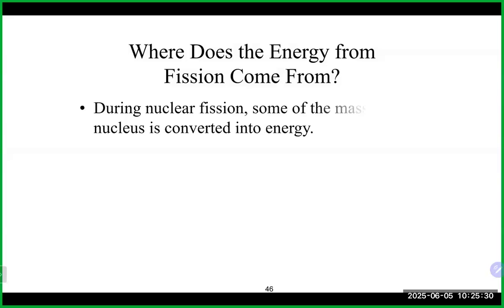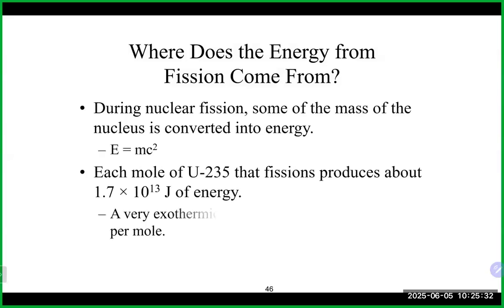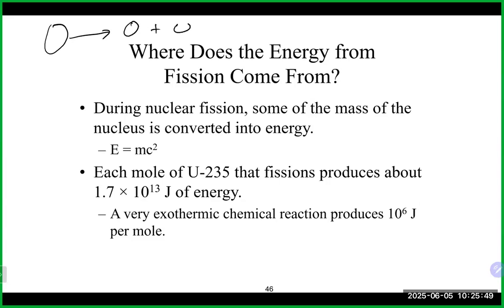All right, so now what we're going to talk about is where the energy of fission comes from. And a reminder that fission is the process where you have an unstable nucleus, and it will typically split off into two new nuclei. It will also give off several neutrons, and with it, it usually will give off a lot of energy.